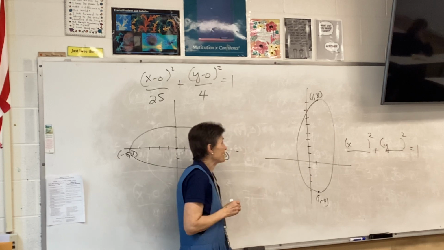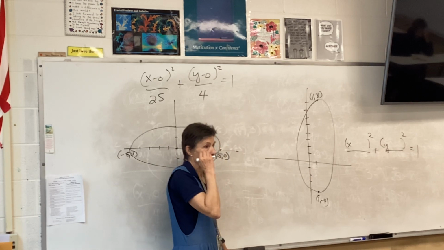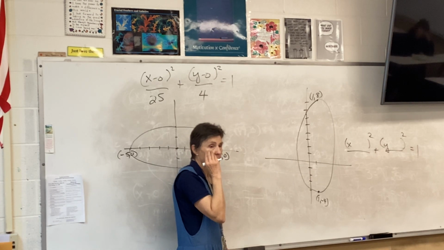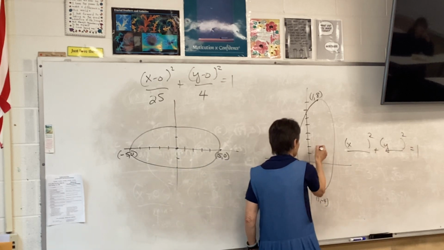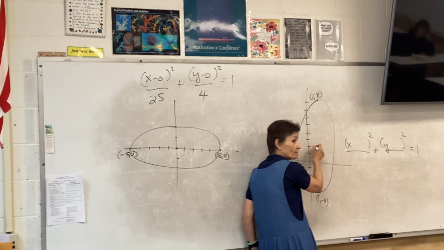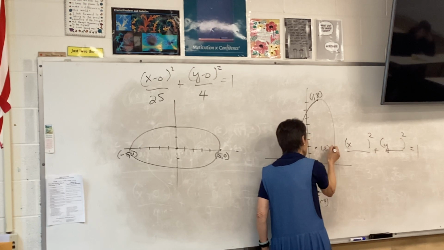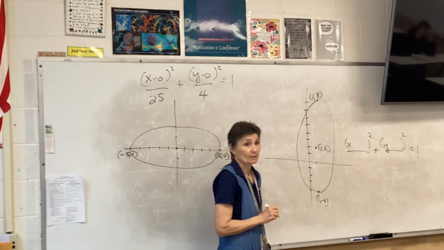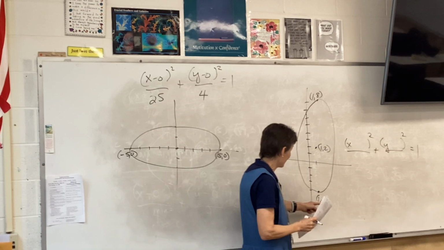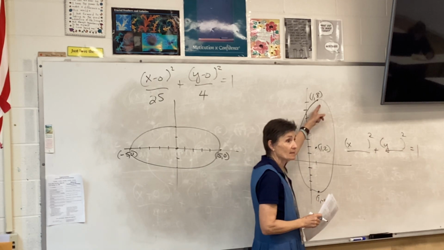Does that give me any kind of information at all? What does it tell me? It tells me where my center is. My center's gonna be in here somewhere? 1, 2. Tell me how you got 1, 2. In between 1, 8, and 1, -4. So it's the middle of -4 and 8.